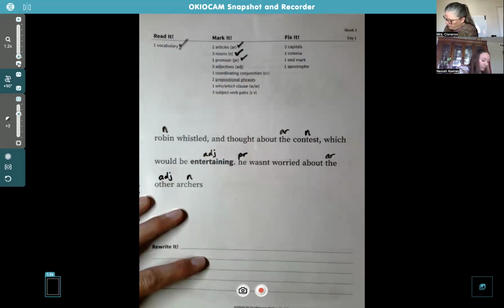Yeah, this other one's a little hard to find. Is it would? No, not would. It almost looks like a verb though, but it's describing a feeling. Thought? It's actually worried. Worried is the adjective.